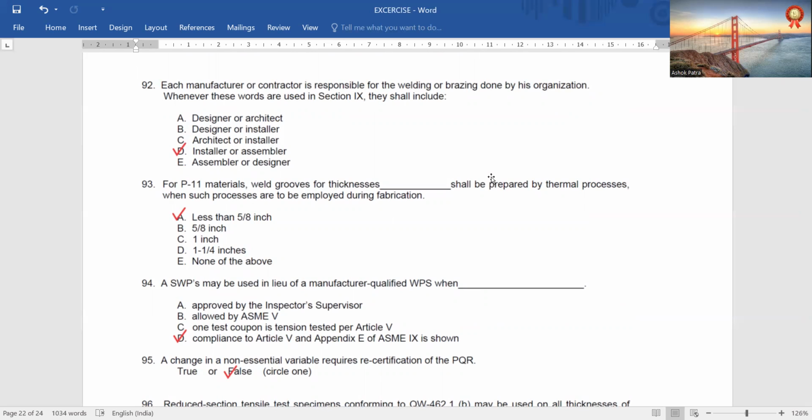For P11 materials, weld groove for thickness less than 5/8 inch shall be prepared by thermal process when such processes are to be employed during fabrication.